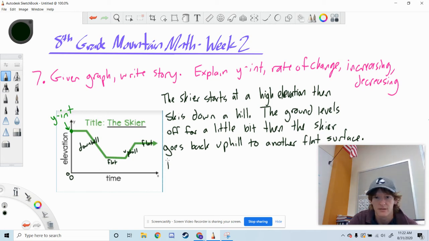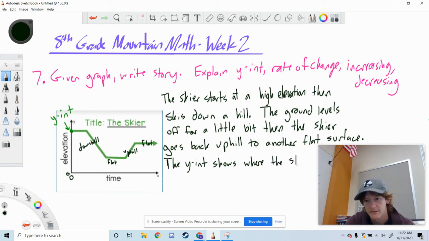So let's see. The y-intercept shows where the skier starts.